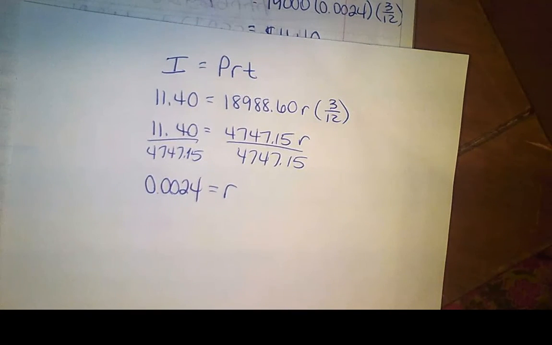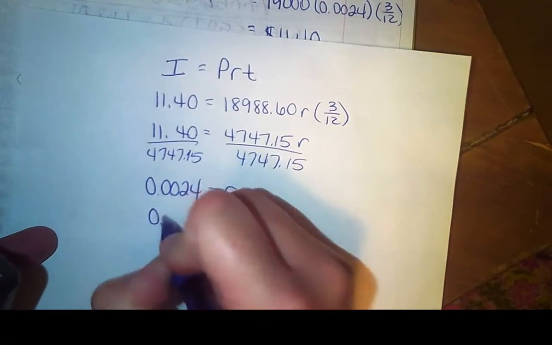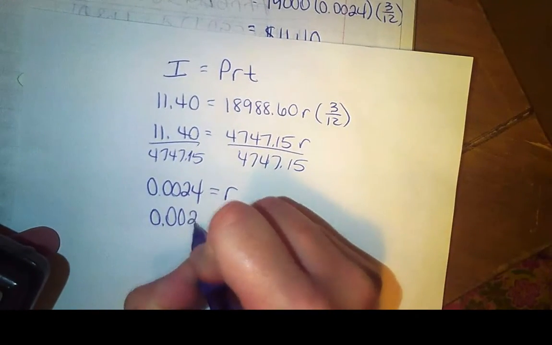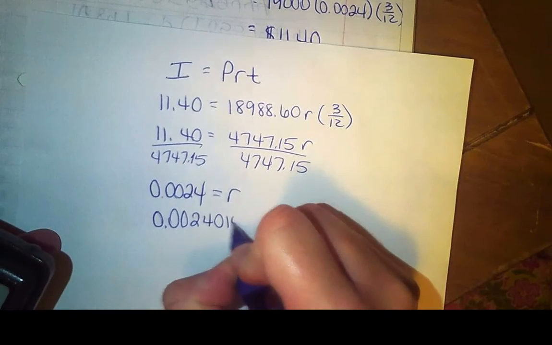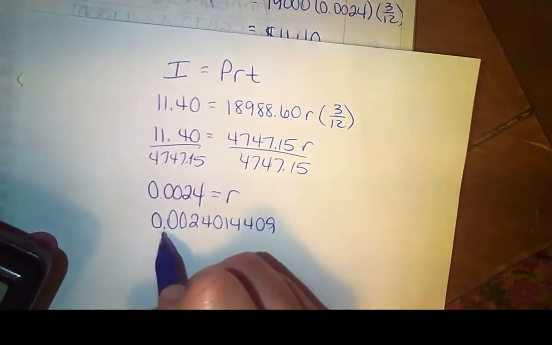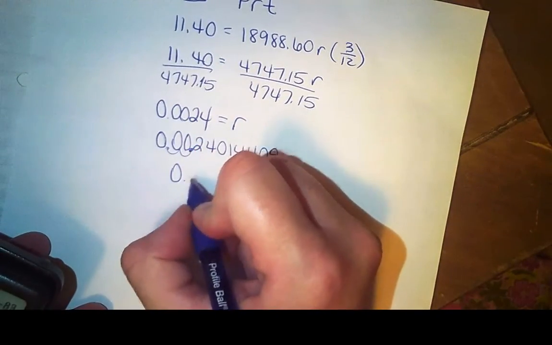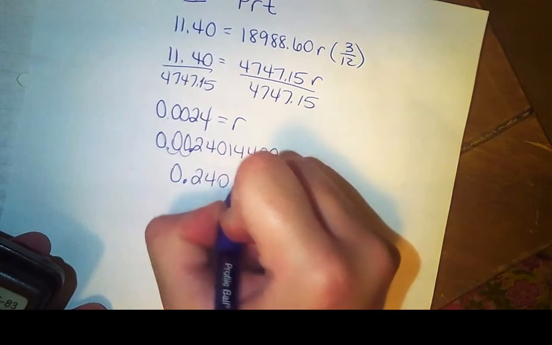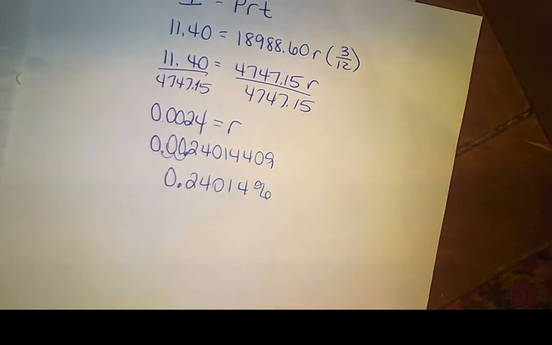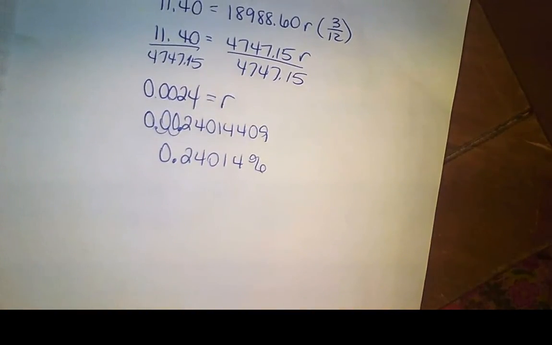So when we go through all of that, if I don't round it off, I wanted to see how far they wanted me to round it. So I get 0.0024014409. We'll take this back to percentage format and we get 0.24014%. So it is a little bit different than the initial 0.24% that we were talking about.